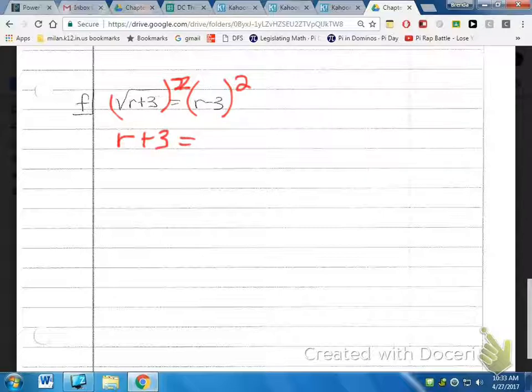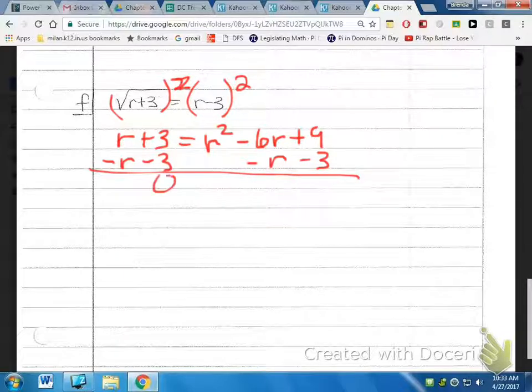But the right, you have to imagine it as r minus 3 times r minus 3, or squaring a binomial, which is square the first term, r squared, multiply the 2 and double it, minus 6r, and square the last term, plus 9. Again, it's a quadratic, so we need to take everything to the right. So I'm subtracting r, and I'm subtracting 3. So 0 equals r squared minus 7r plus 6.